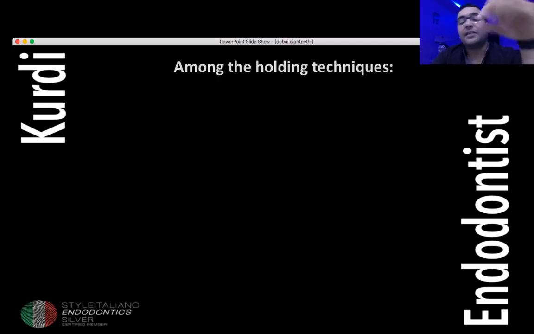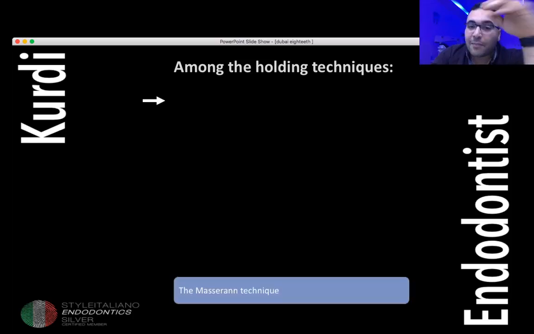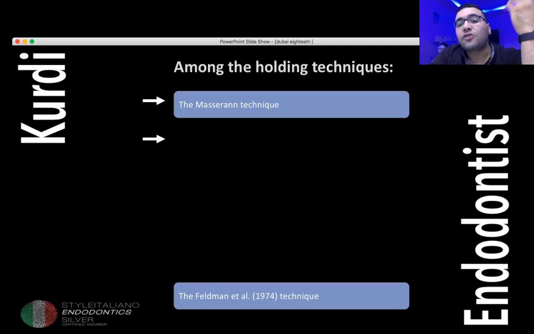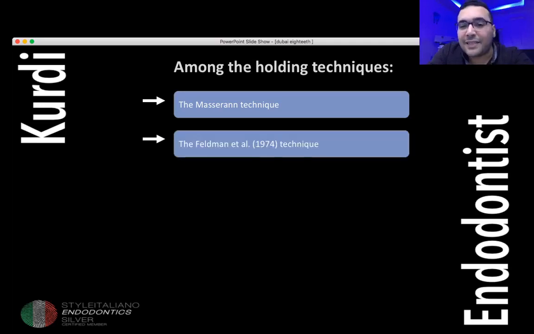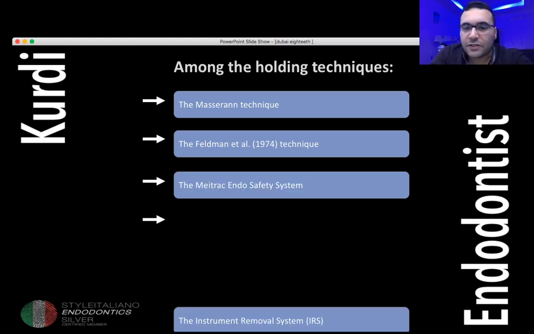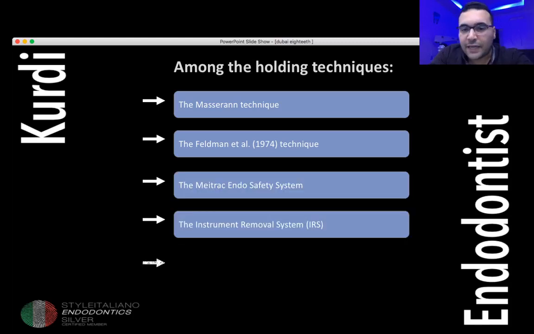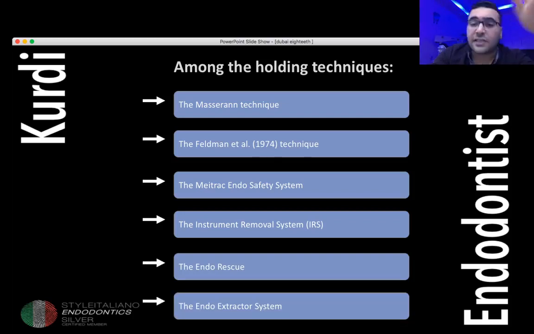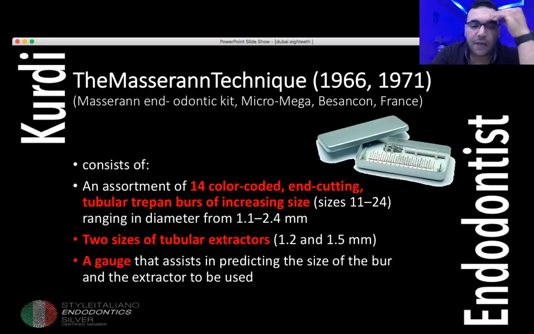And this technique is good, but you have to know that among these holding techniques we have a lot of historical techniques, like for example the Masserann technique and a lot of other techniques, Mitrak, endo safety and instrument removal system, and endo rescue, and even we had this endo extractor system. We have a lot of holding techniques, but I have only to mention this Masserann technique because it was very, very, very aggressive inside a canal.